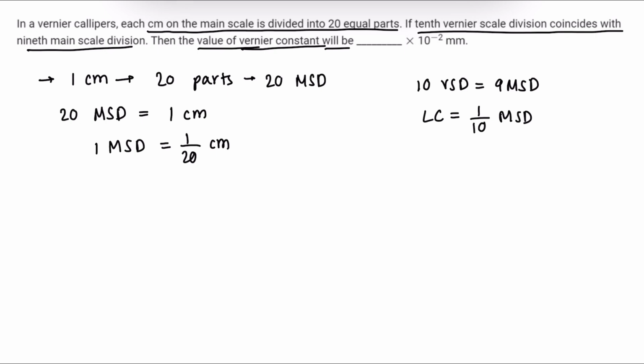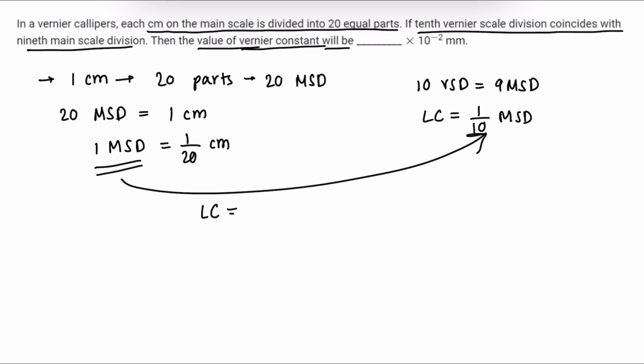Now, plugging in 1 MSD here, we'll get that the least count is equal to 1/200 MSD. Sorry, not MSD, centimeters. Which is basically 0.005 centimeters.